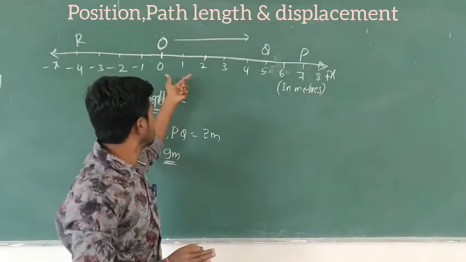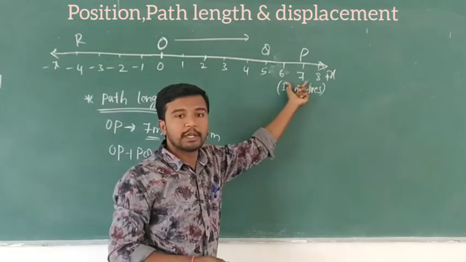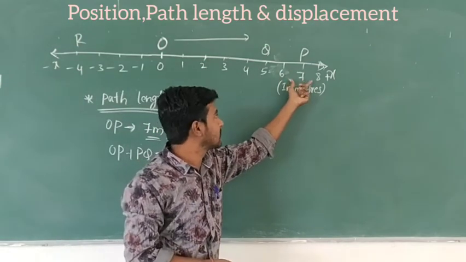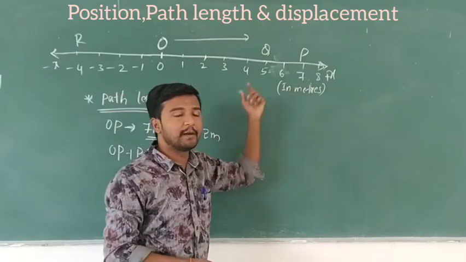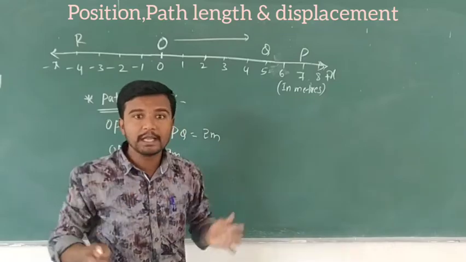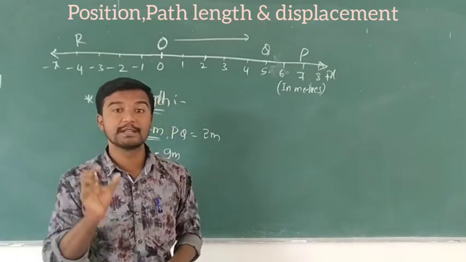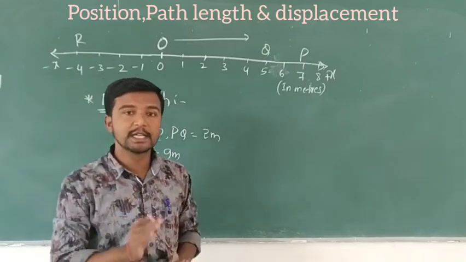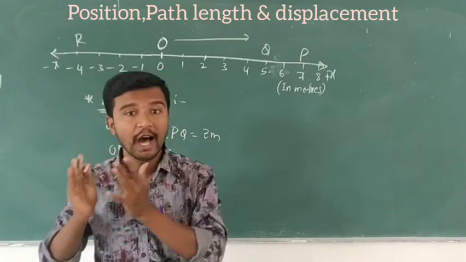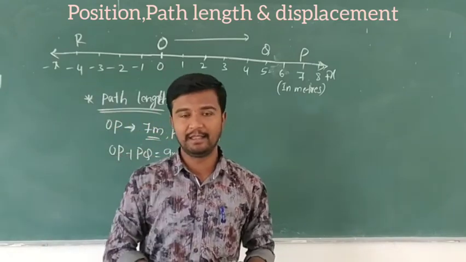First, from the origin O, the object goes to position P, then from P to Q. The total distance moved by the object, O to P and P to Q, is what we call the path length.